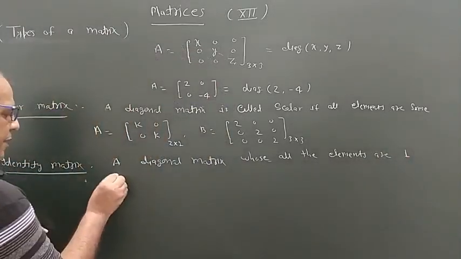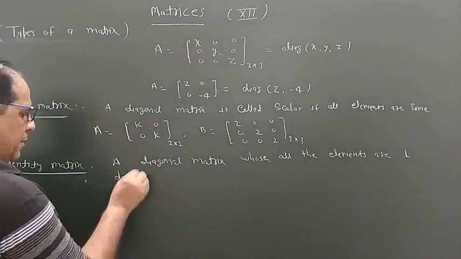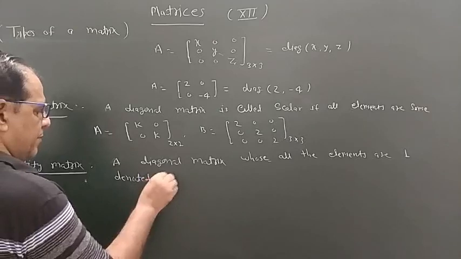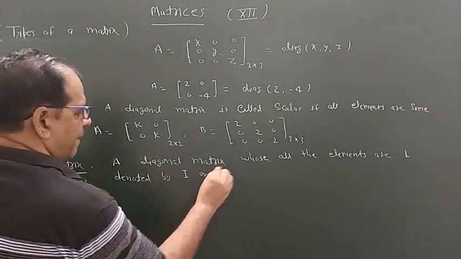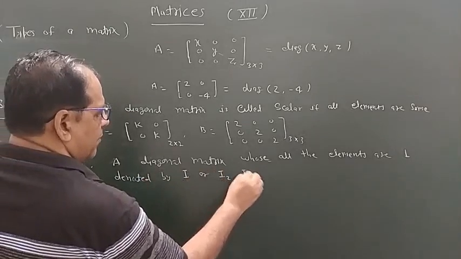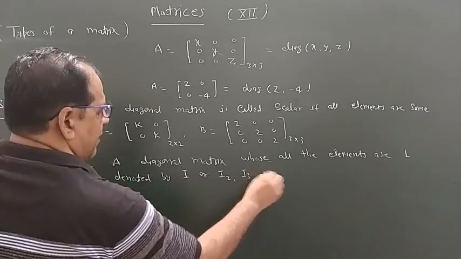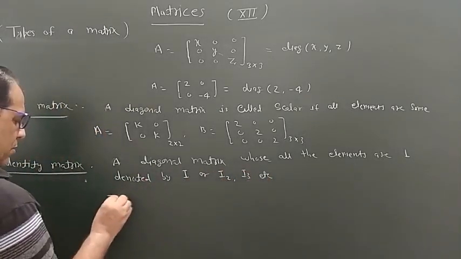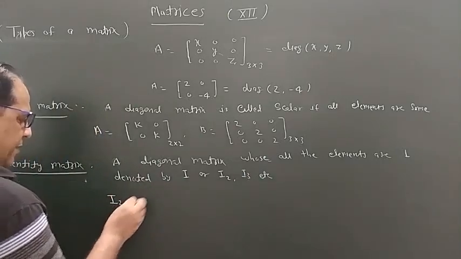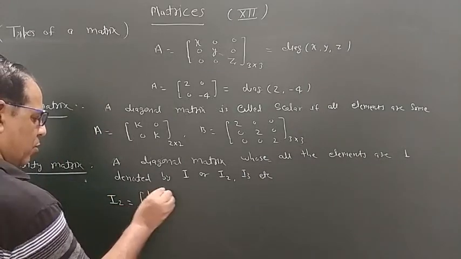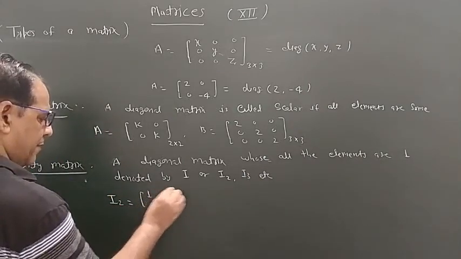They are denoted by I, or I2, I3, etc. That means I2 is the identity matrix of 2 by 2, that is 1 0 0 1.